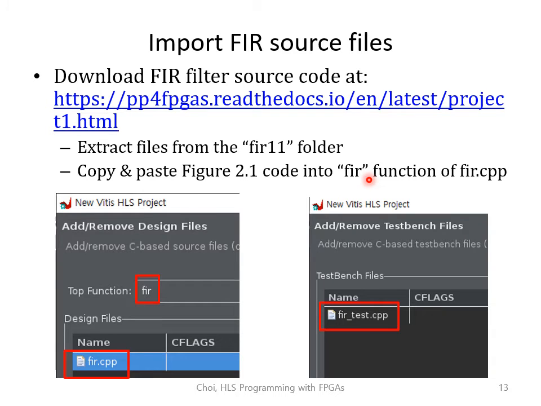After copying the files to your working directory in AWS, please add the files into the Vitis HLS project. The top function name should be FIR. The design file should be FIR.cpp, and the test bench file should be FIR_test.cpp.